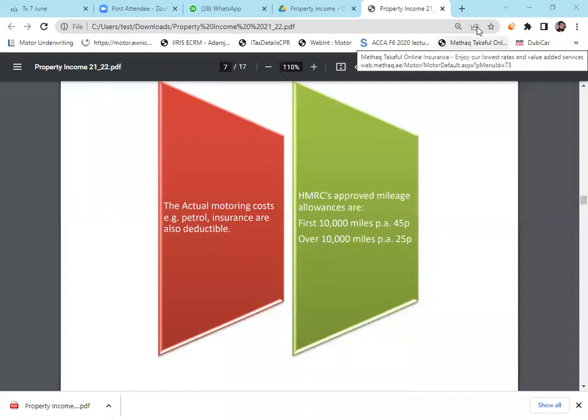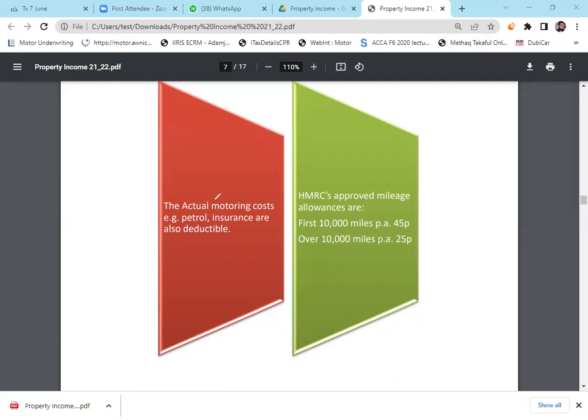Next topic is mileage allowance. If a landlord drives his own car for property related matters, he will get an allowance. This allowance is known as mileage allowance, and the amount is fixed.